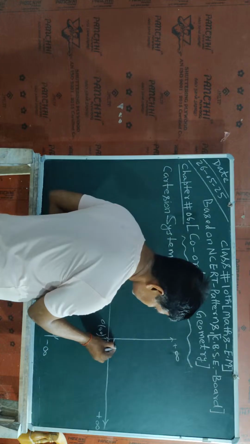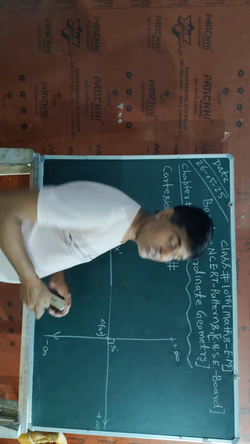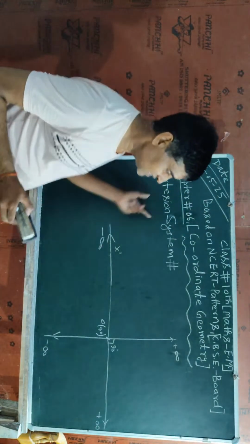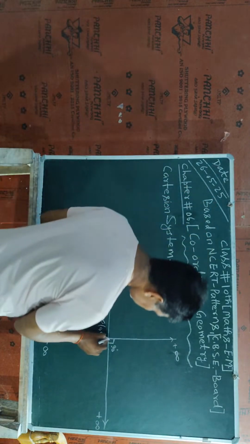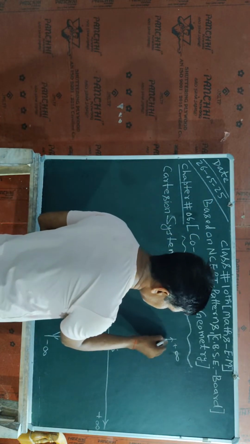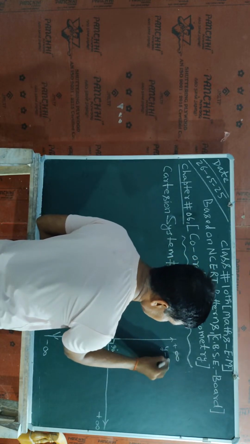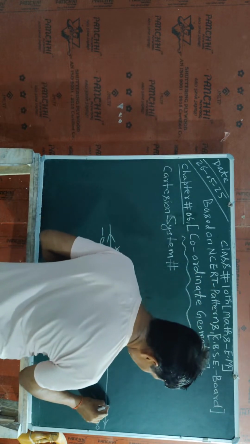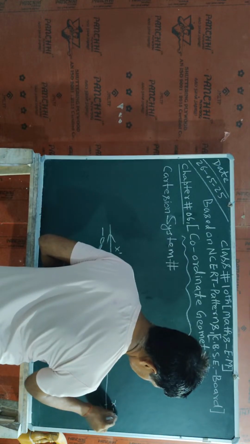Such a plane, such a system, is known as the Cartesian system. In this case, this is the y-axis, and here I will say this is the x-axis. Here I will write the x-axis.